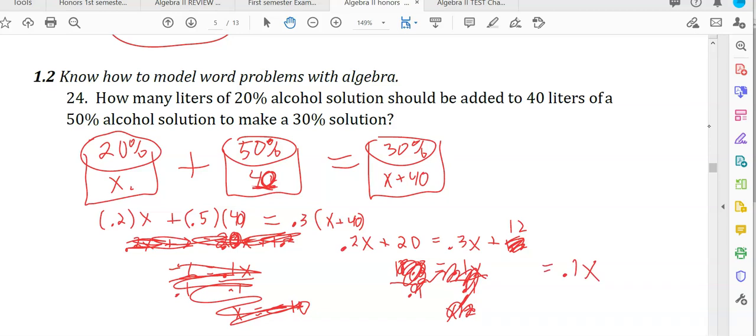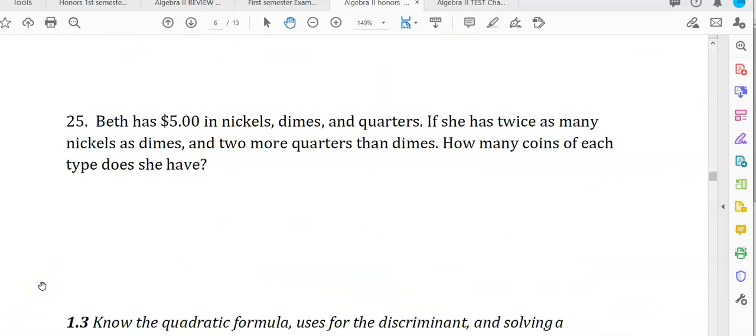On the left-hand side, we get 8. This is working. 0.1 divided by 0.1, we get x equals 80. Okay, what's the question? How many liters? So this would be 80 liters would be the answer. Phew, sorry about that. It's early.